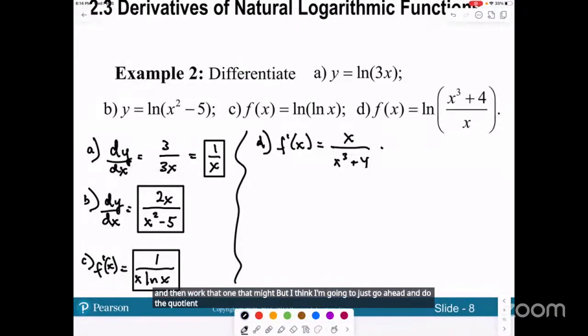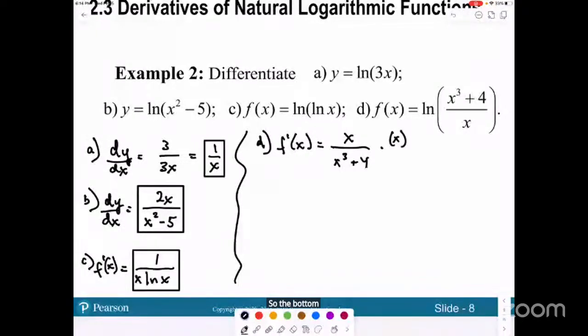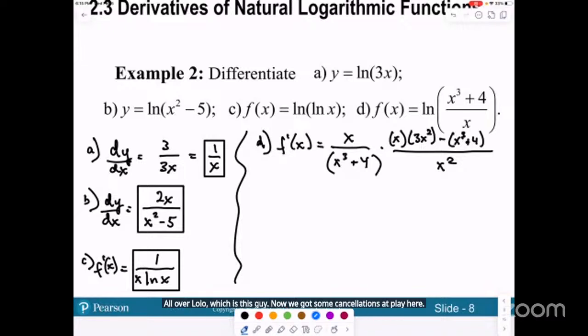It'll be okay. So the bottom times the derivative of the top, low d high minus high d low, all over low squared, which is this guy. Now we got some cancellations at play here. At least this x cancels one of those.